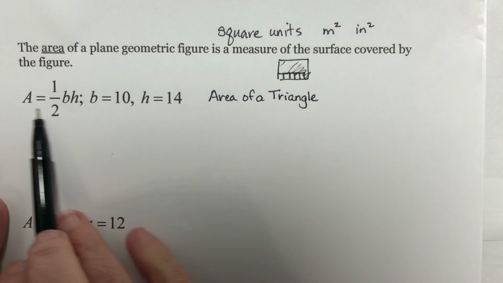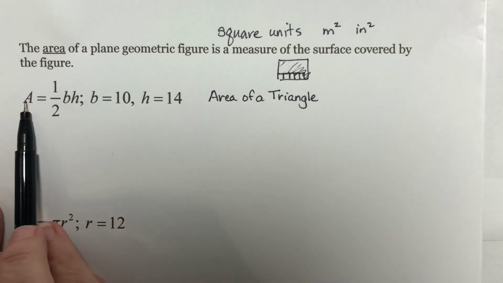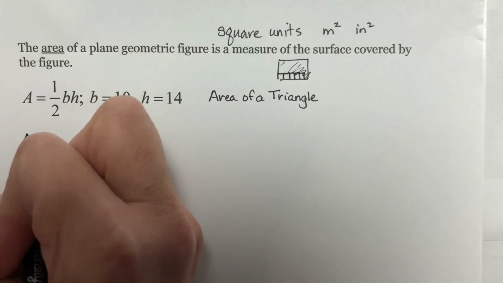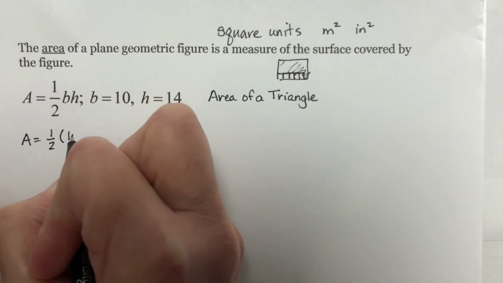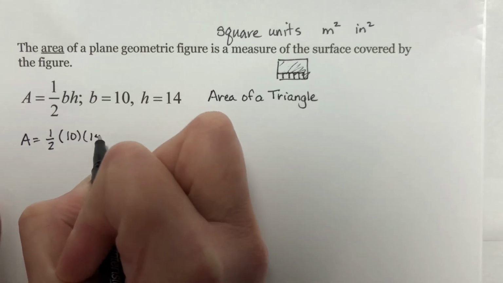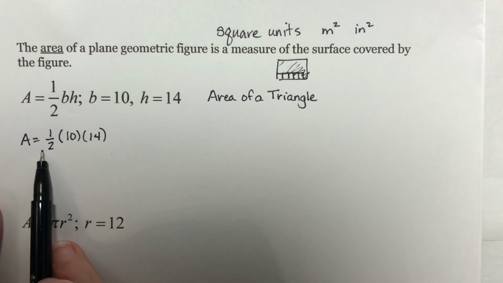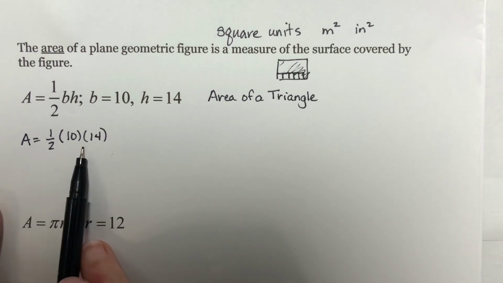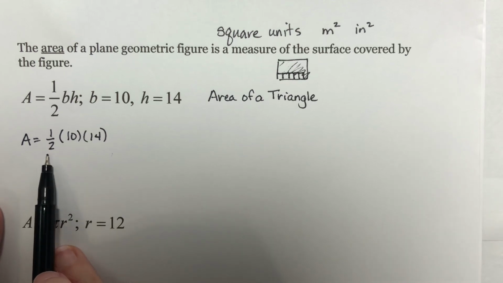All right, so we want to find the piece that's missing. We're given the base and we're given the height, so we're looking for area. Let's just plug in. Area equals 1/2 times the base times the height. These are all multiplications. It does not matter what order you multiply in. Remember that when we're multiplying, we often say of.